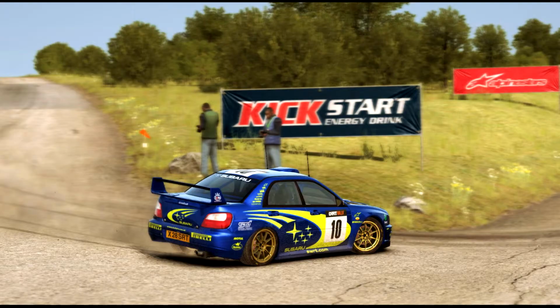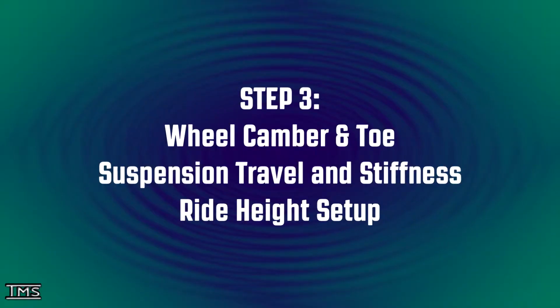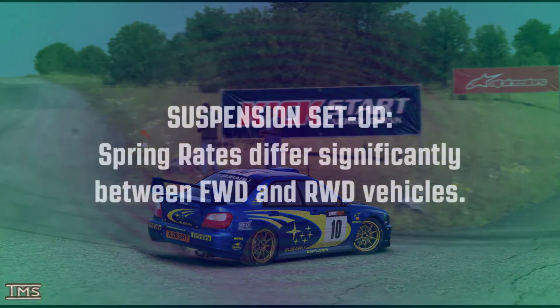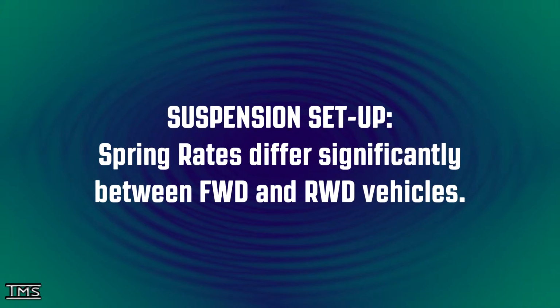So now we've covered gearbox and differentials, the final part to call into question are wheel camber and toe angles, suspension travel, suspension stiffness and ride height. Main things to change here are mostly suspension stiffness and ride height, but bear in mind there is a marked difference in spring rates for front wheel drive versus rear wheel drive vehicles.